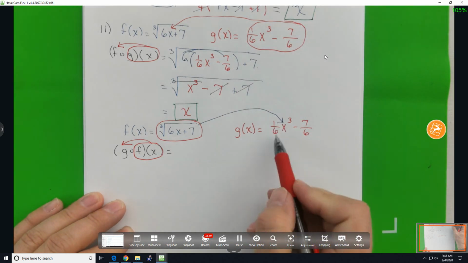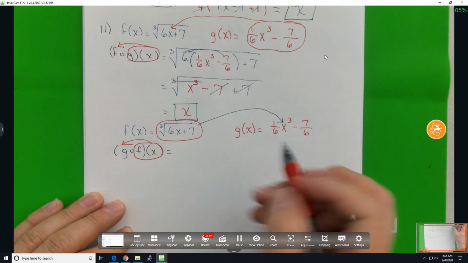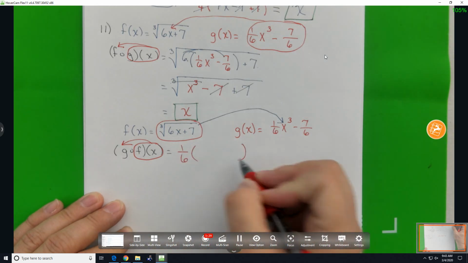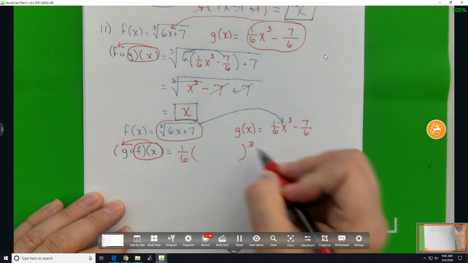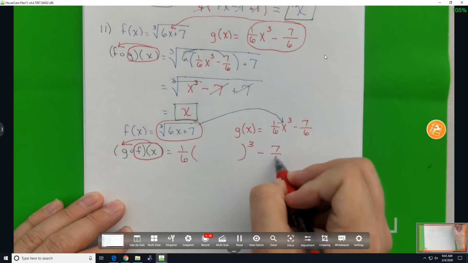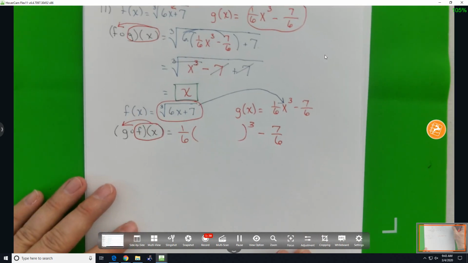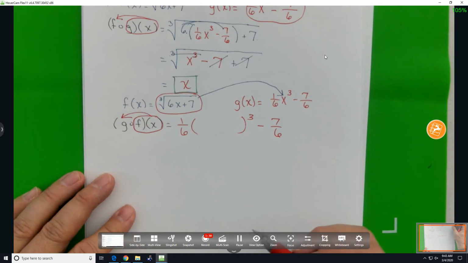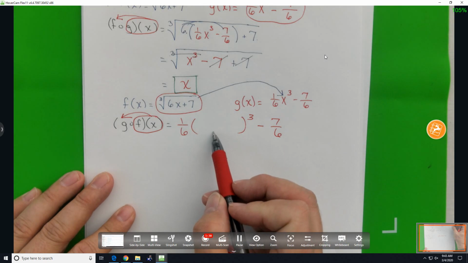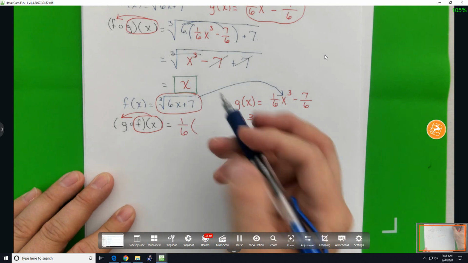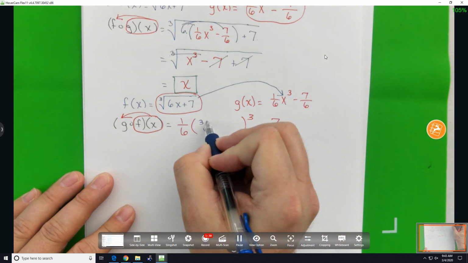So we have that green, that red 1/6. We have that cube and that minus 7/6. And I'm moving up a little. And what am I going to write here? That cube root, that blue stuff.